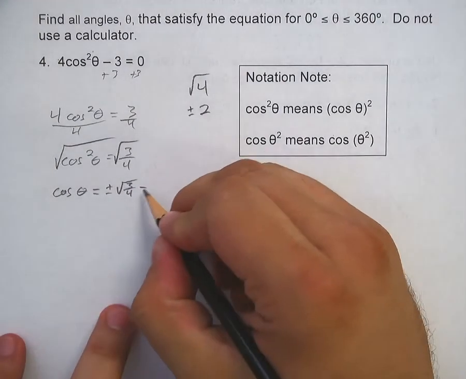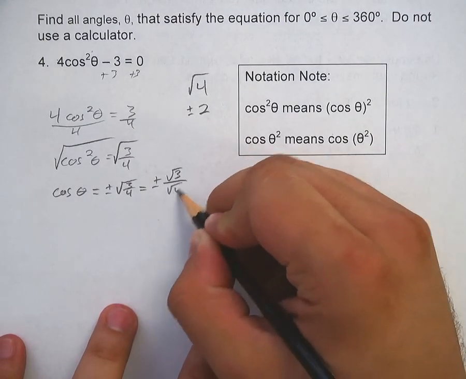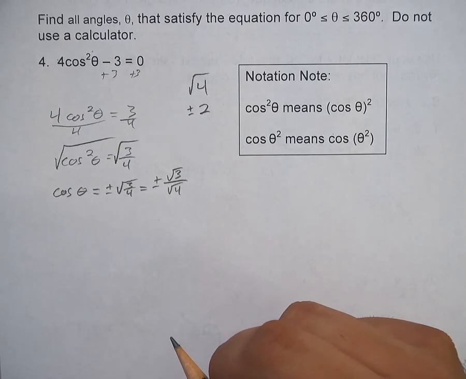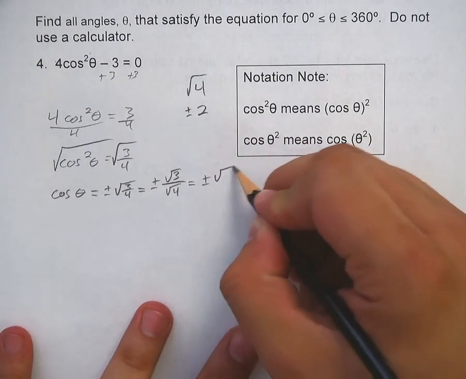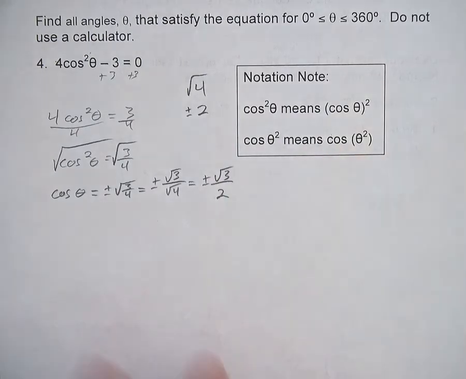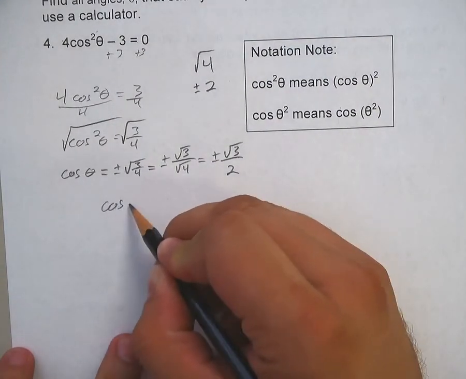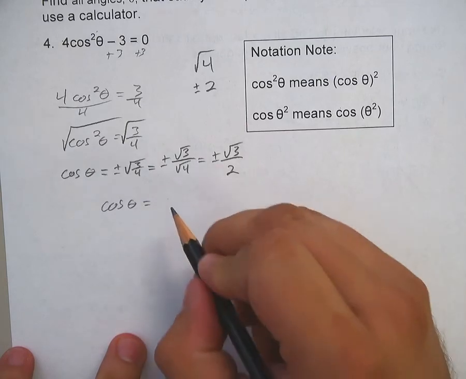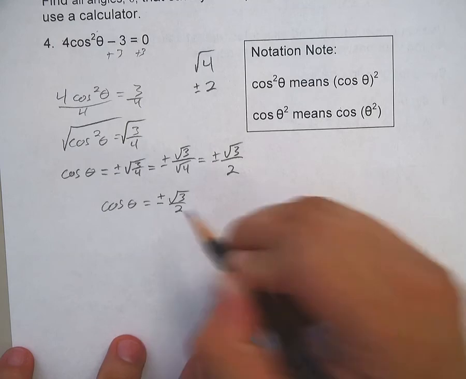And you can actually break up the square root of 3 over the square root of 4, which is plus minus the square root of 3 over 2. So just to write this in one fashion here, I've got cosine of theta is equal to positive and negative square root of 3 over 2.